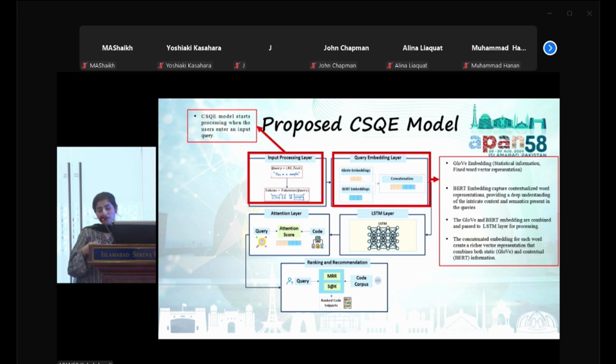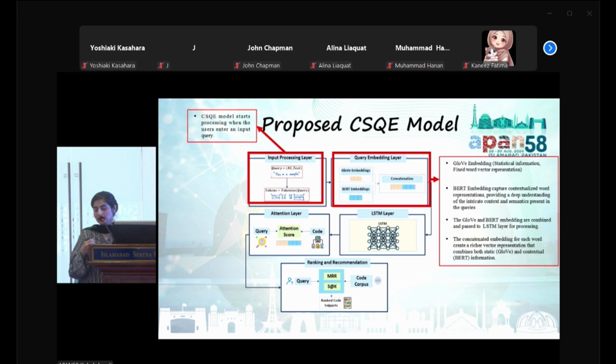Third, the GloVe and BERT embeddings are combined and passed to the LSTM layer for processing. These two embeddings are concatenated, and the concatenated embedding for each word creates a richer vector representation that combines both the static and the contextual information.